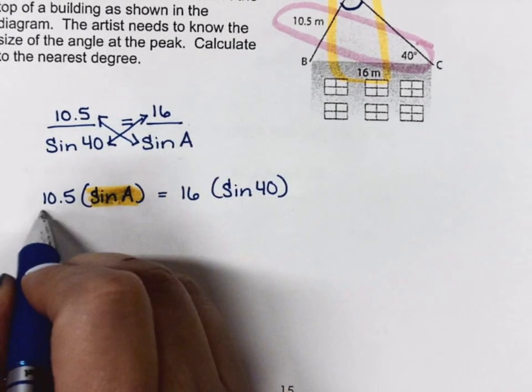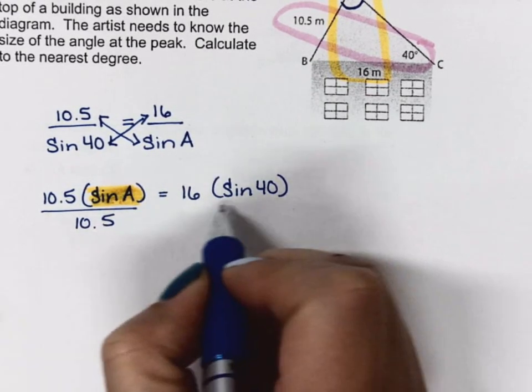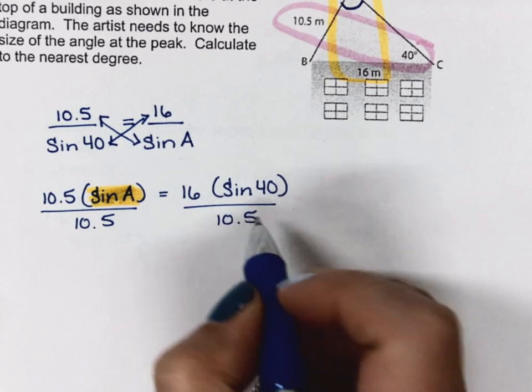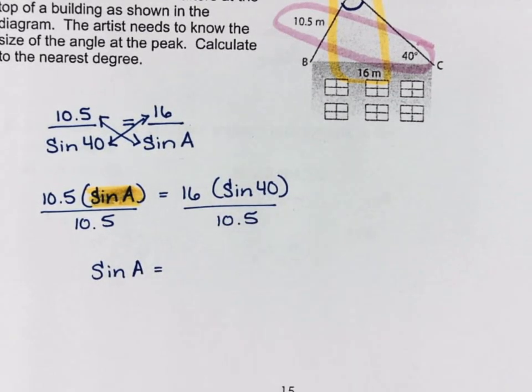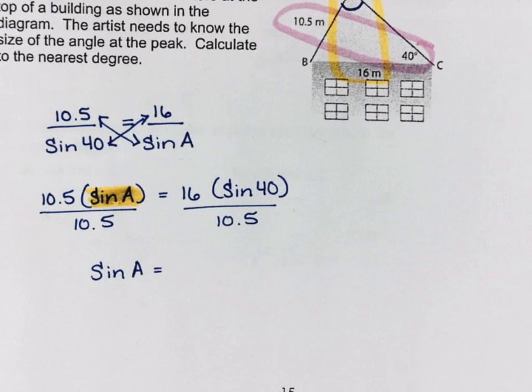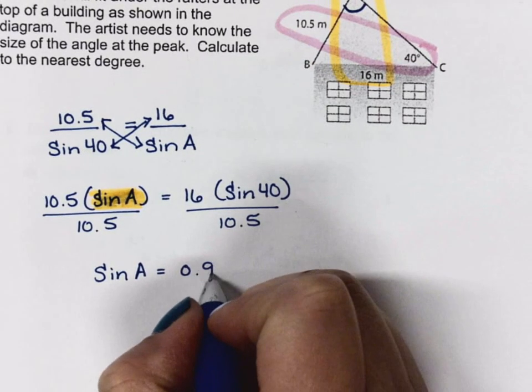So I'm going to divide through by 10.5, divide through by 10.5, and so I have sine A equals, and now I'm going to do all that decimal stuff. So 16 times sine of 40 equals, and then I'm going to divide by 10.5, and I get 0.9.